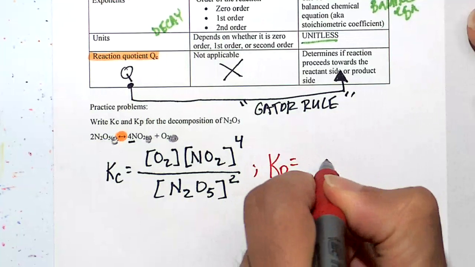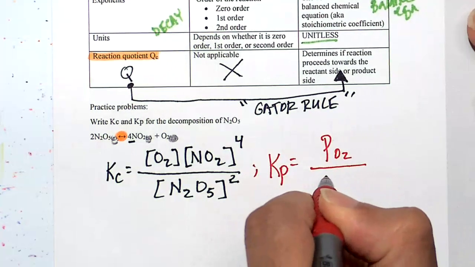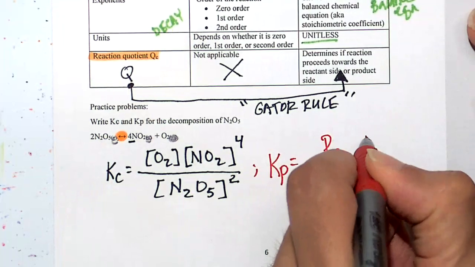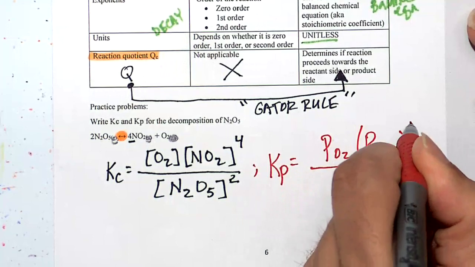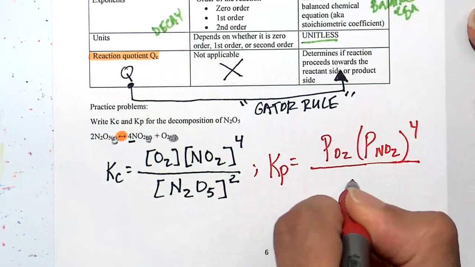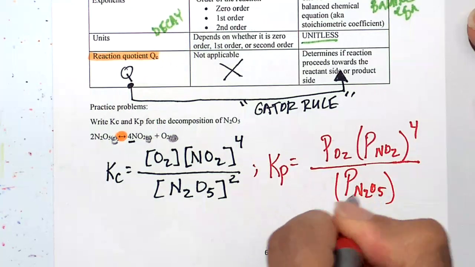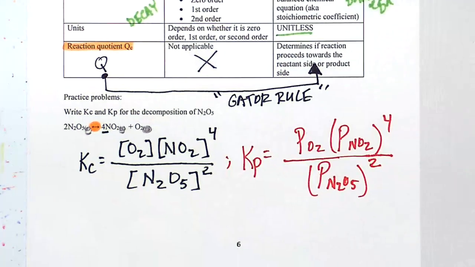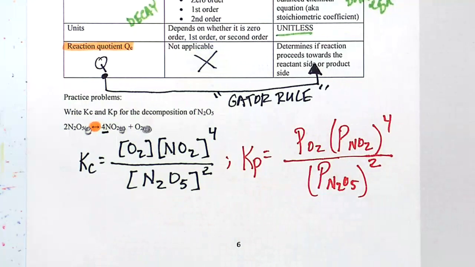So the Kp is going to be the pressure of O2 times the pressure of NO2, raised to the power of 4, divided by the pressure of N2O5, and we square that. So just be aware, because of gases, we can either do a Kp, standing for pressure, or Kc, standing for concentration.